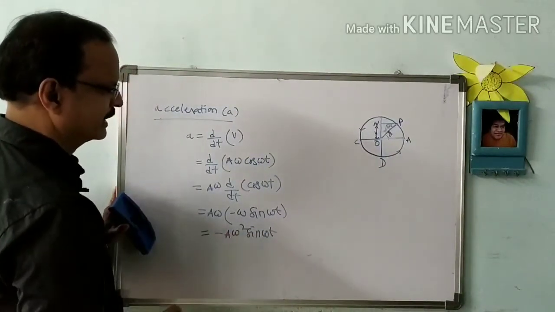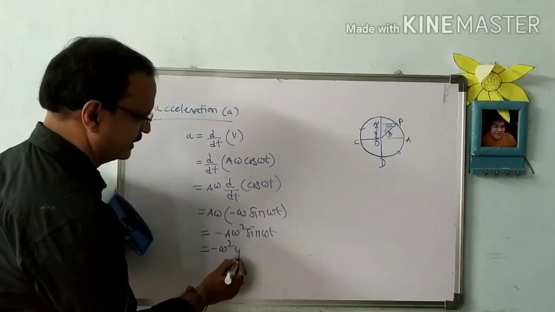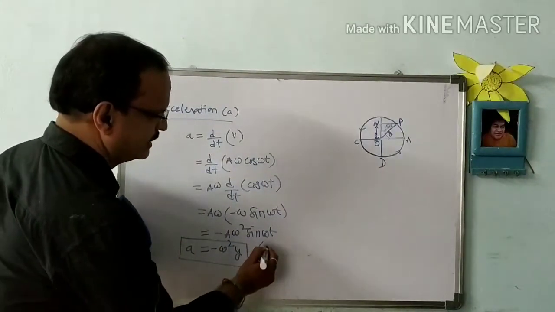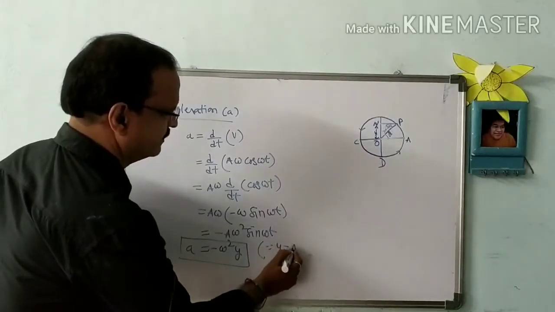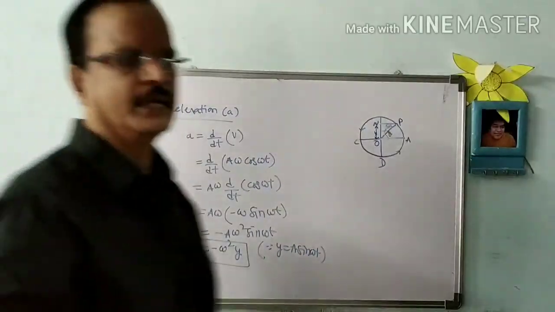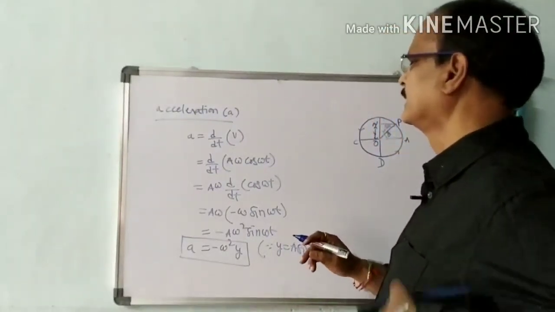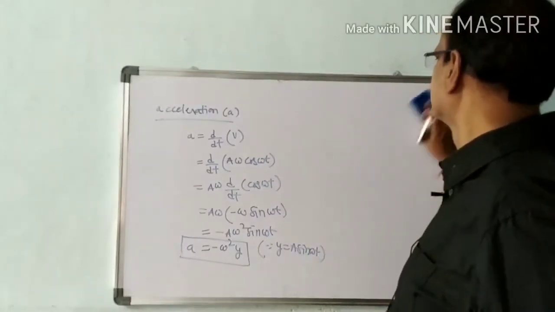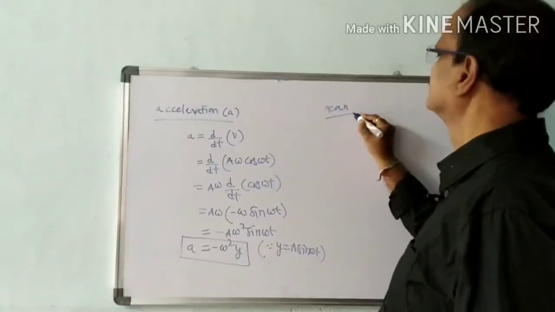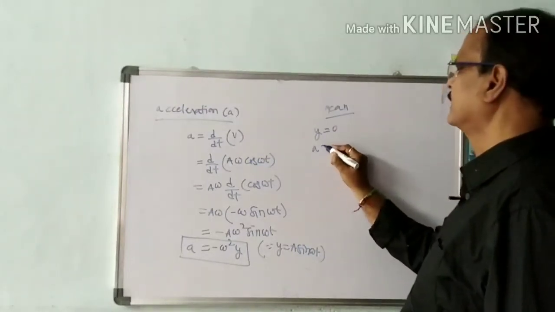But we know that y is equal to A sin omega t. Therefore, we have a is equal to minus omega square y. So again, at the mean position, y value is 0, so a is equal to 0.